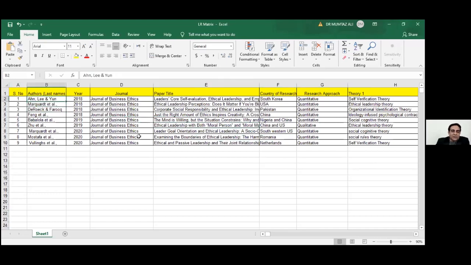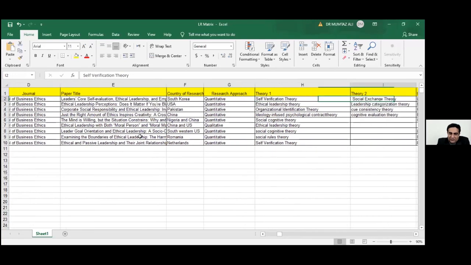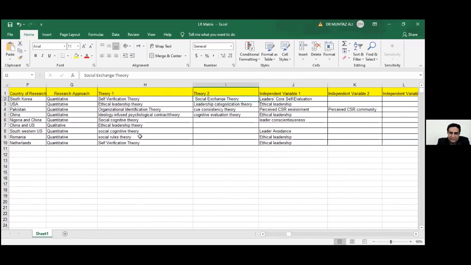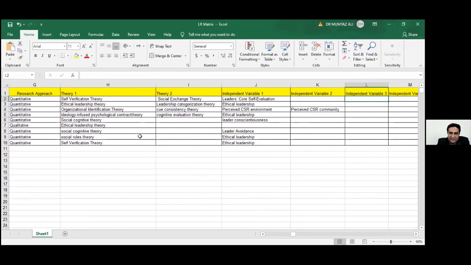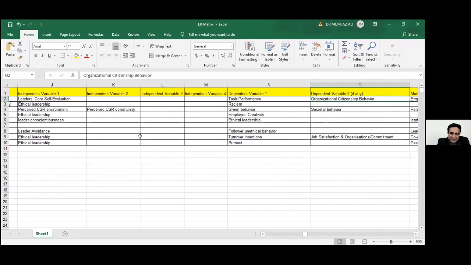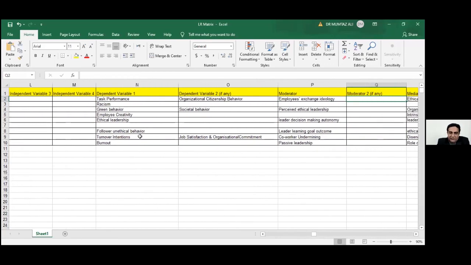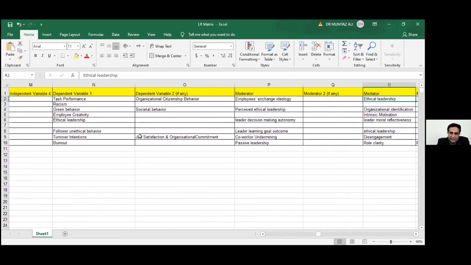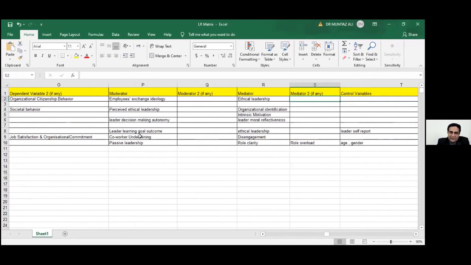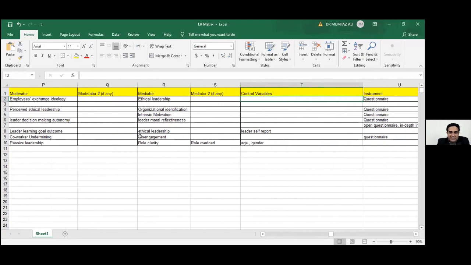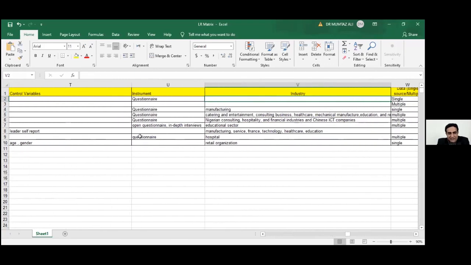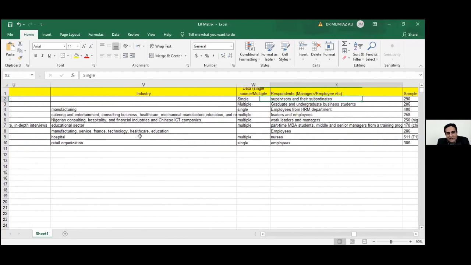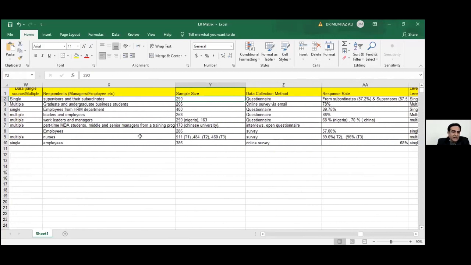Okay, so what we did here, you see the research approach, theory. If there is any other theory, then we have the independent variable. If there is another independent, a third one, a fourth one, then the dependent variable. If we have more than one dependent variable, then we have a moderator, then we have a mediator, and if any other mediator, then we have a control variable, instrument, then industry.